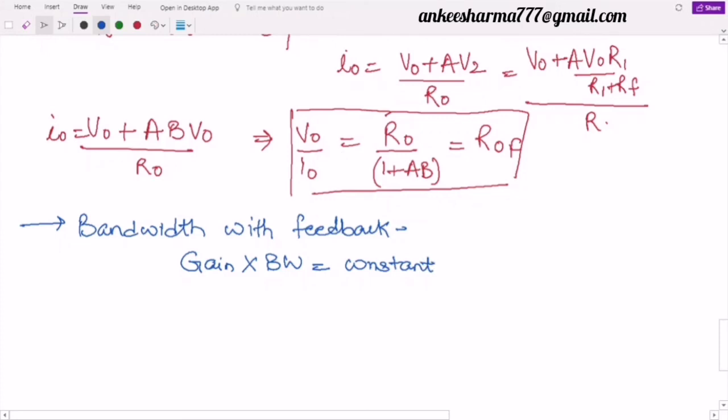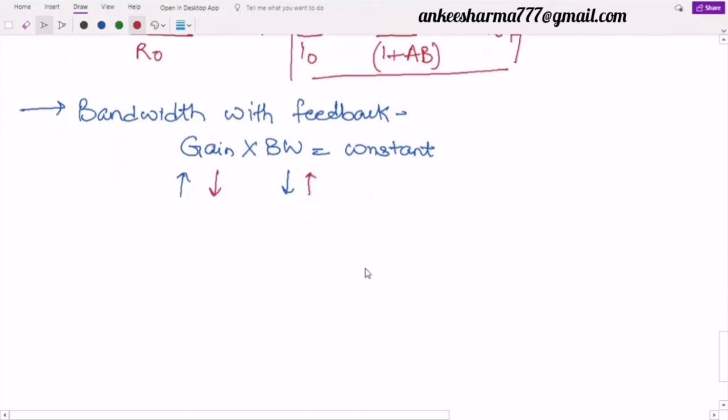Gain into bandwidth is always constant. It means whenever we are going to increase the gain, if this gain is increased, definitely there will be a decrease in the bandwidth. Or in the other case, if I say that gain is decreased, definitely the bandwidth must increase because their product has to remain constant. Now in this case, if I look at this, here the gain is reduced because we are using the negative feedback.